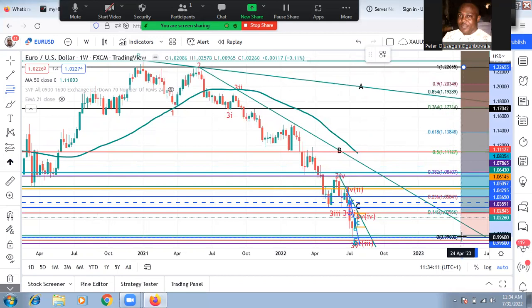So if it breaks above here, based on the strength of the consolidation that we have in the middle, then you know 100% is here and 23.6 of a big 4 will be here. So it will make this place the most probable place that you will want to sell.